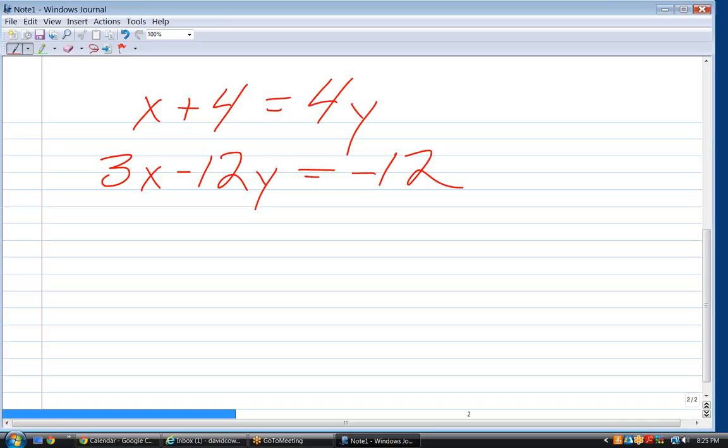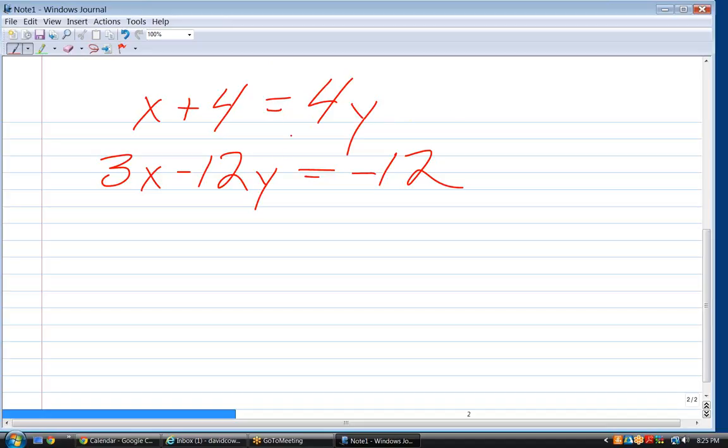Doesn't matter whether it's x or y. Which is the easiest equation here to manipulate so that it is defined in terms of one variable? Probably the second one. The first one, all I got to do is move the 4 over. Oh, that's true. Yeah, okay.